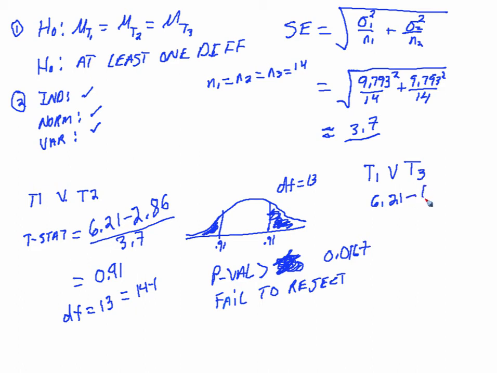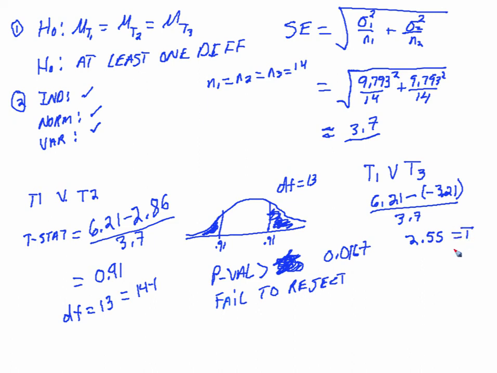Minus negative 3.21. Those are the means from that table. Both those divided by 3.7, which gives us a t-value of 2.55. I think I said p, but I meant to say t-value of 2.55.